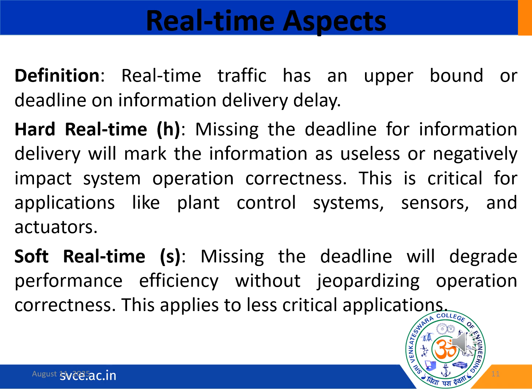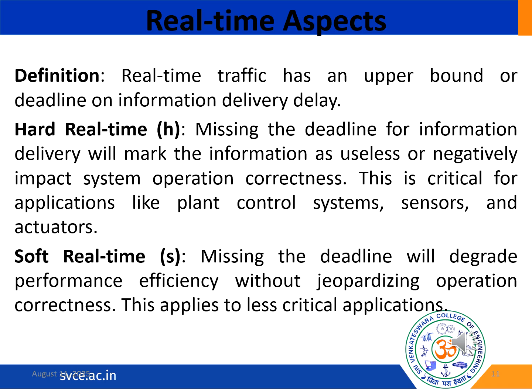Second, we move on to soft real-time systems. Missing the deadline will degrade the performance efficiency, without affecting the operation and its correctness. This applies to less critical applications. Depending on the effect of the deadline violation on the control system, it can be considered either soft or hard.